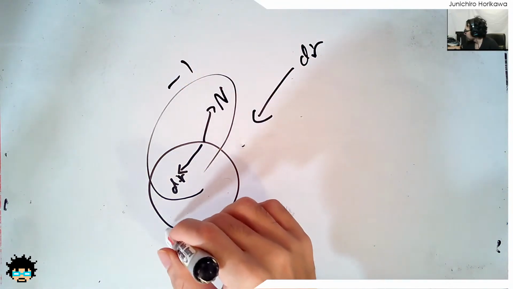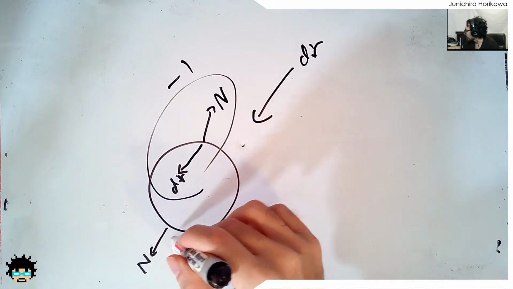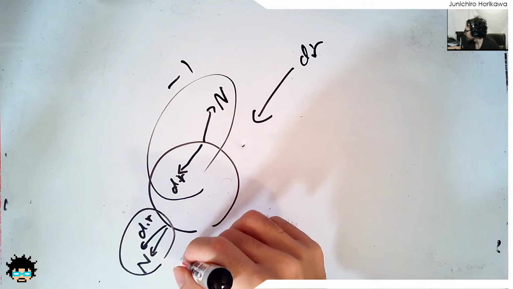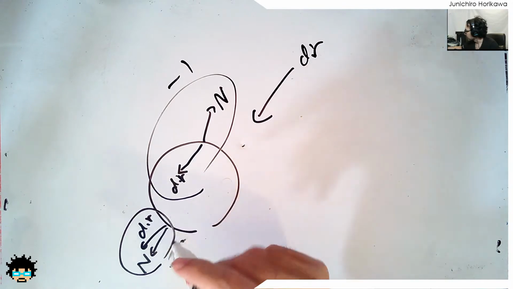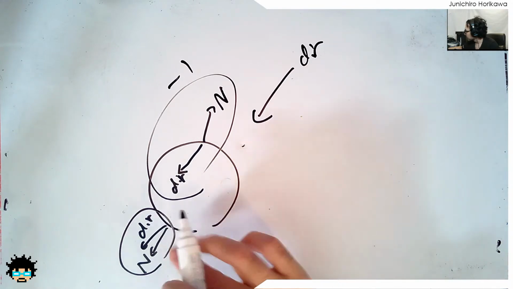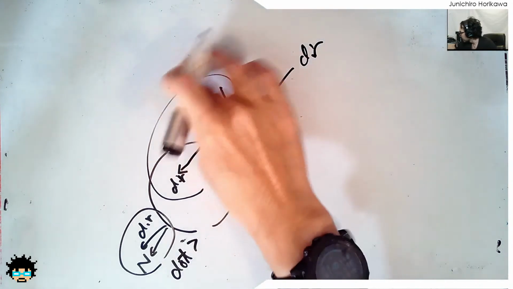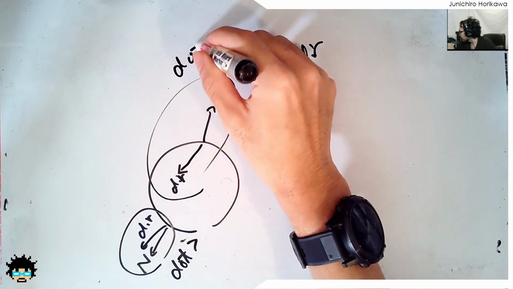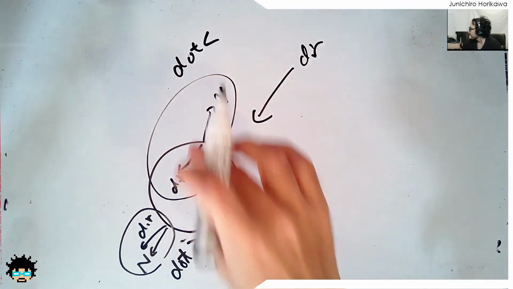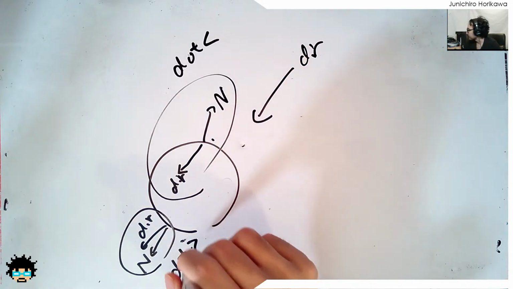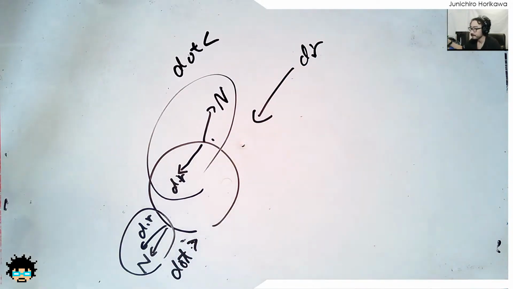Okay, and if the normal direction is like this and the sun direction is like this, then the dot product is going to be positive, and for this one, the dot product is going to be negative. So if it's negative, it has to be lighter, brighter, and if it's positive, it has to be darker.